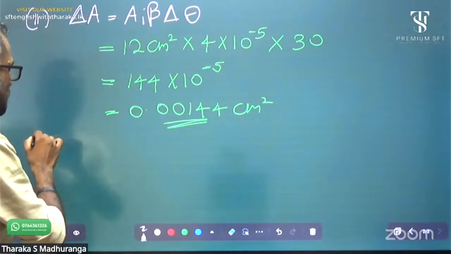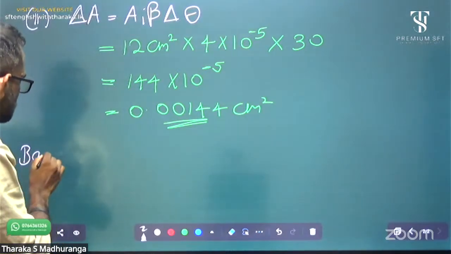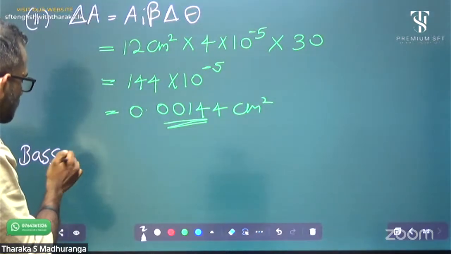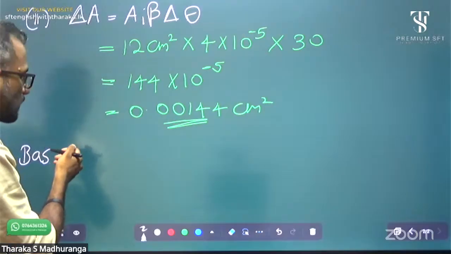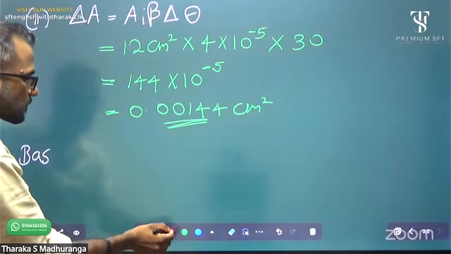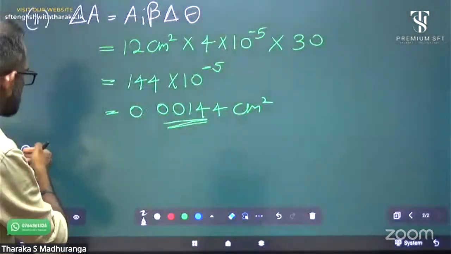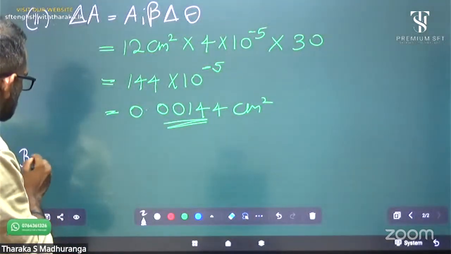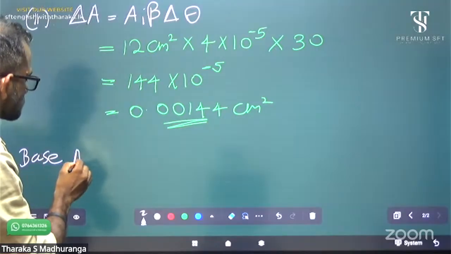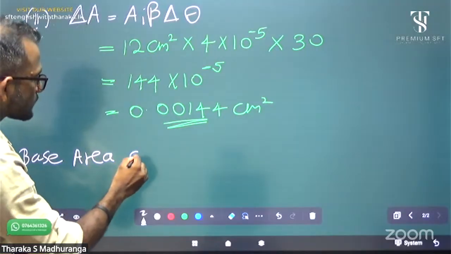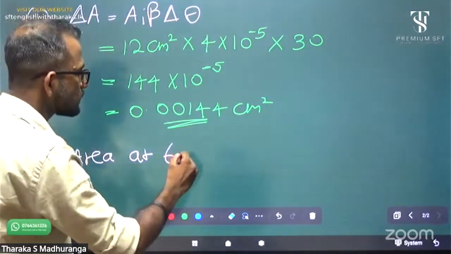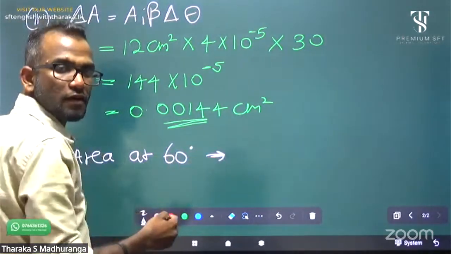Now, the base area at 60 Celsius, then what is the A2?